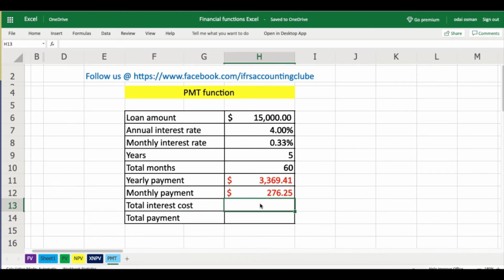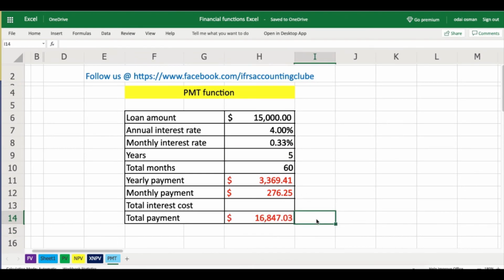So the total interest cost, if we need to calculate the total interest cost, before that we need to calculate the total payment. The total payment is equal to the yearly payment times 5 years. This is the total payment.